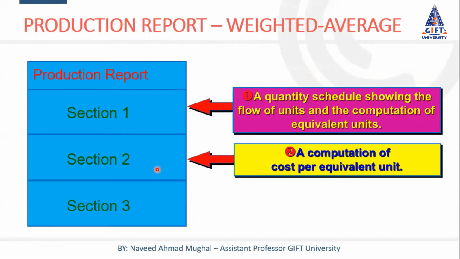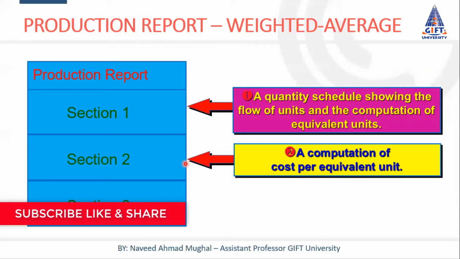Then the second part of the cost of production report is computation of cost per equivalent unit. We have equivalent units, we have total cost, and we use that total cost and equivalent units to calculate per unit cost.